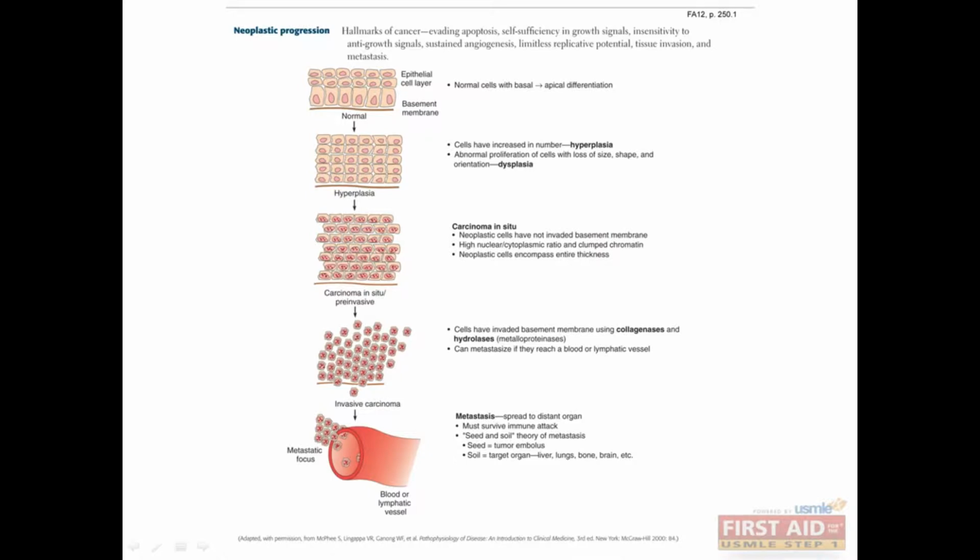Cancer cells develop mutations that allow them to escape these defense mechanisms. They can evade apoptosis, they can grow without growth signals, they can ignore anti-growth signals, and they can stimulate their own never-ending blood supply. What makes things worse, cancers also develop the ability to break out of the tissue where they normally live and cause complete devastation to the entire body. It is really scary how much these little cells can do.